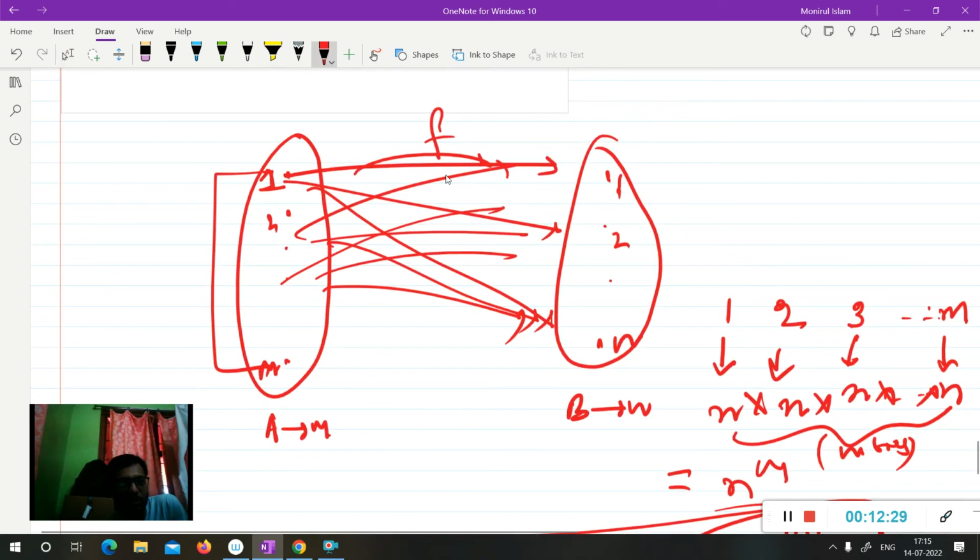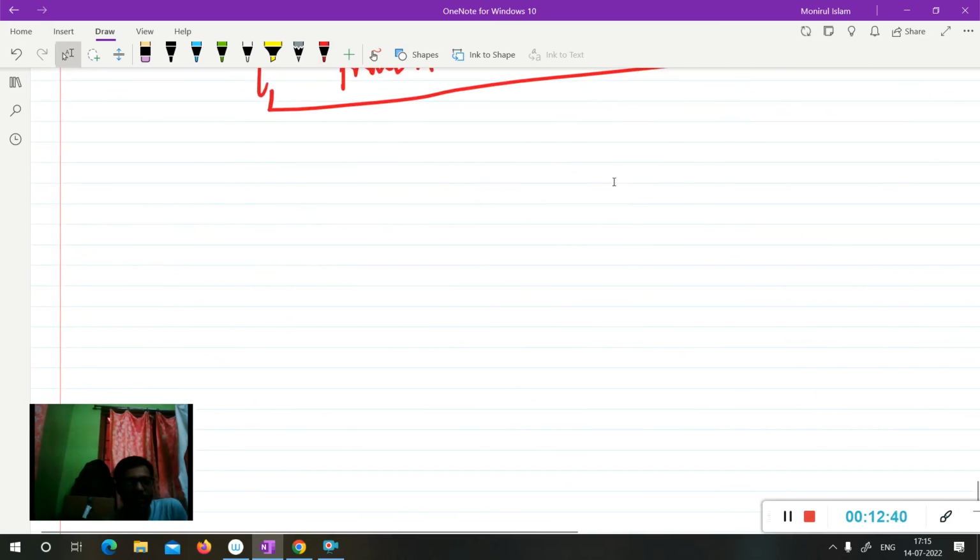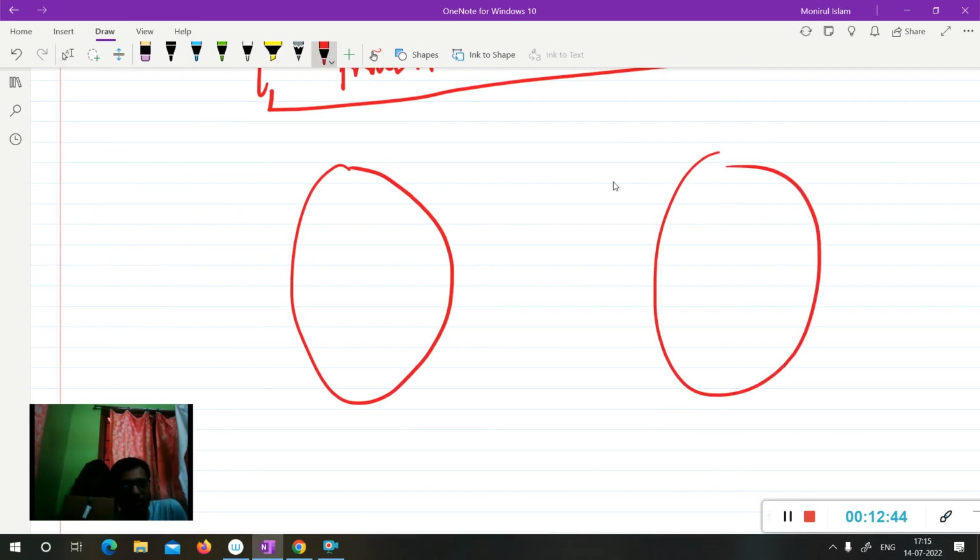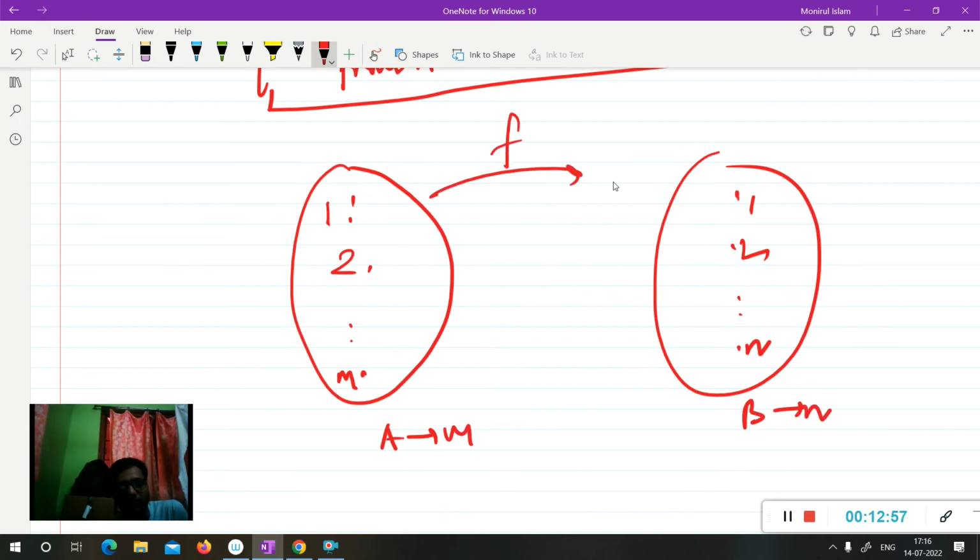Now if you understand the total number of functions formula, what is the total number of one-one functions from A to B? Then you have to restrict some elements, because if 1 maps to some element, then 2 cannot map to the same. Suppose A has m elements, 1, 2, 3 up to m, and B has n elements, 1, 2 and so on to n.